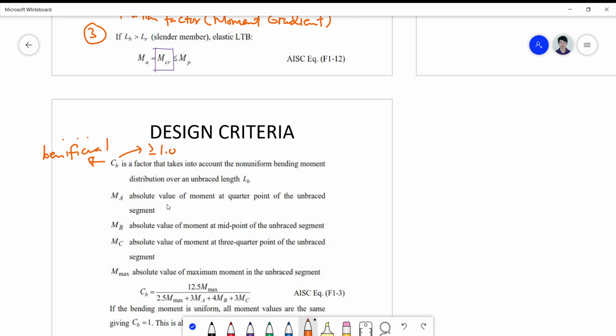MA is the absolute value of moment at the quarter point of the unbraced segment. MB is the absolute value of moment at the midpoint of the unbraced segment. MC is the absolute value of moment at the three-quarter point of the unbraced segment. And Mmax is simply the absolute maximum value of the entire moment diagram.